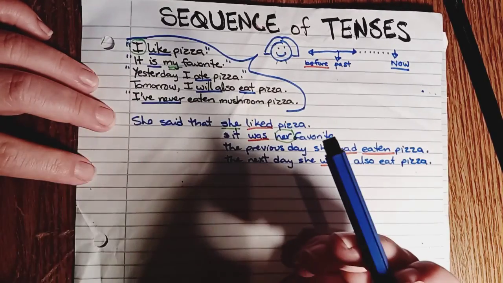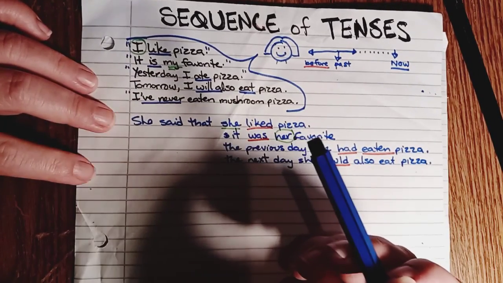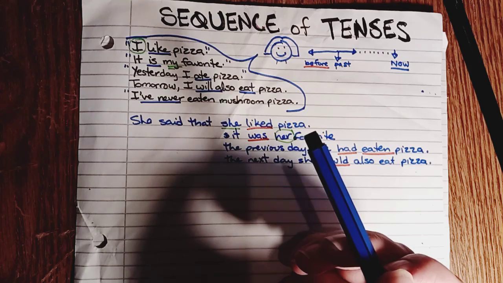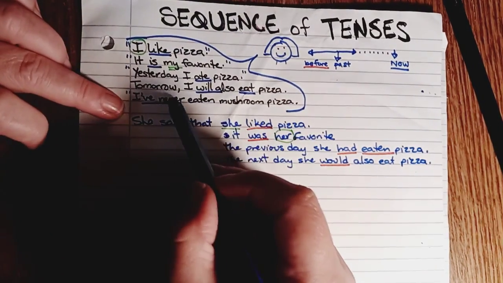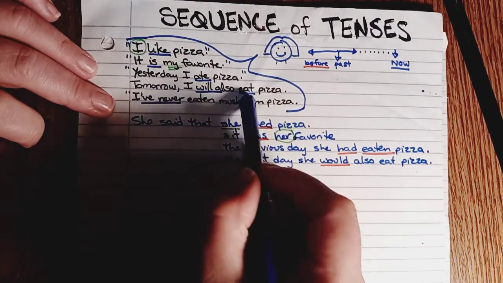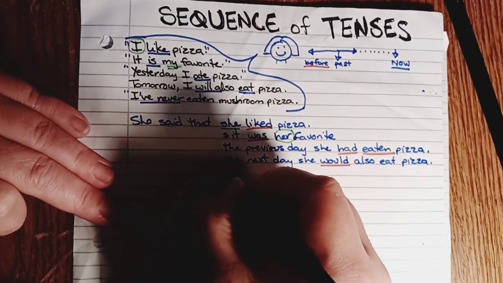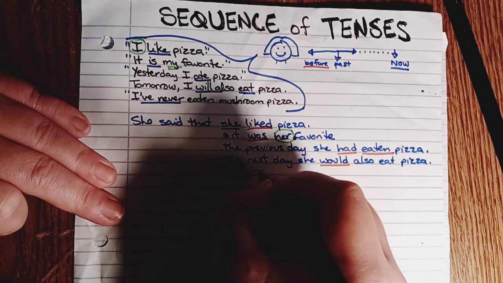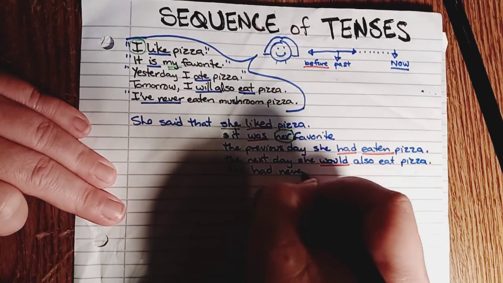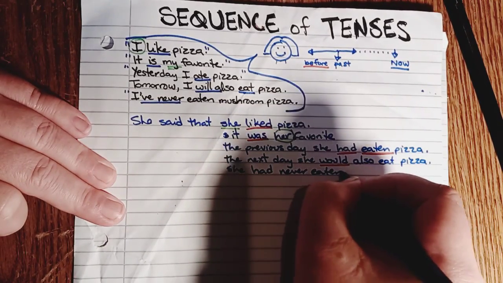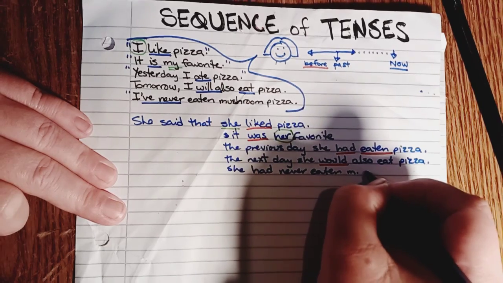So what you have to do is take a look at the sentences, and rather than focus on the grammar, focus on when it happened. Okay, I have never eaten mushroom pizza. She said that she had never eaten mushroom pizza. Why?